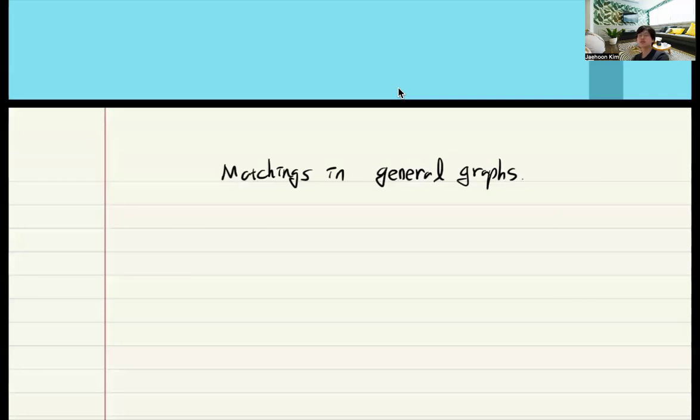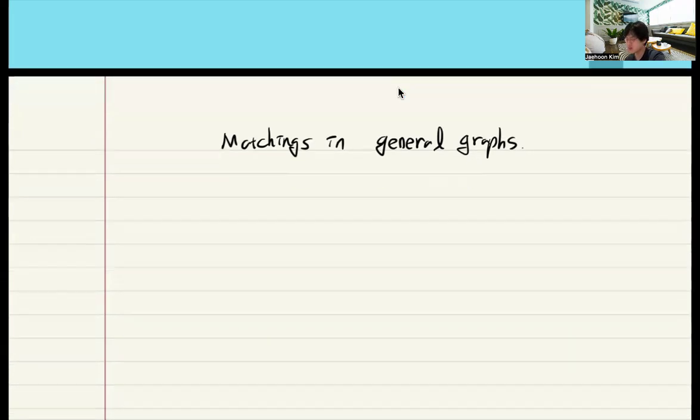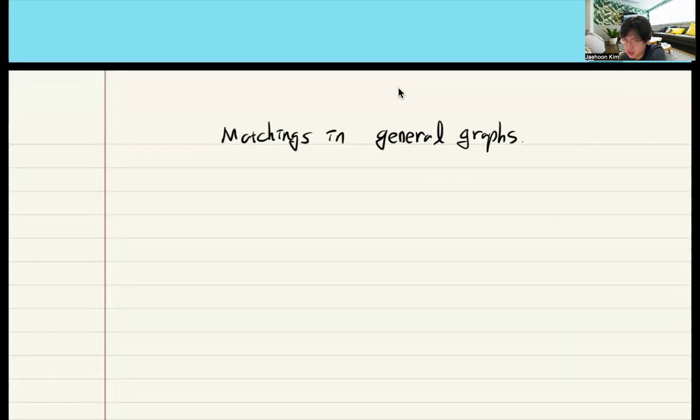If we want to prove something like Hall's theorem for general graphs, the obvious immediate try is again to compare the neighborhood of S and S, and their size difference.